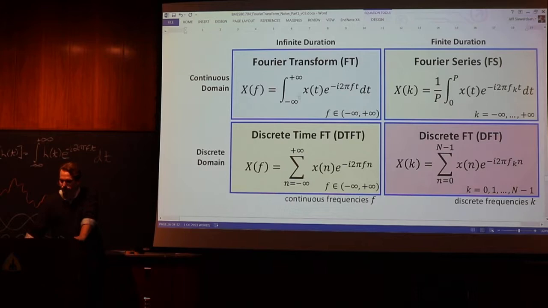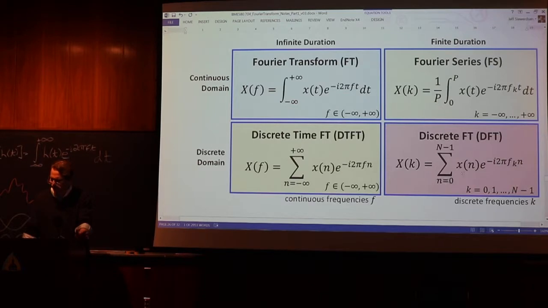I've spent all my time talking about the infinite duration, continuous domain, integral form of the Fourier transform, which we see here. I think you might know the finite duration, discrete domain, discrete Fourier transform. But if you look at it, you see that, for the most part, it is a discrete form of that integral transform in a fairly simple way.